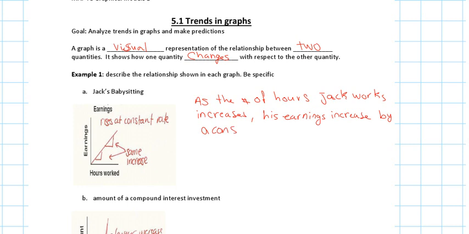So that word constant is very important, right? Because that describes the linear relation. That's what describes the linear relation. And then we see that as one increases, the other increases, so that's a positive increase, right? It's a positive.